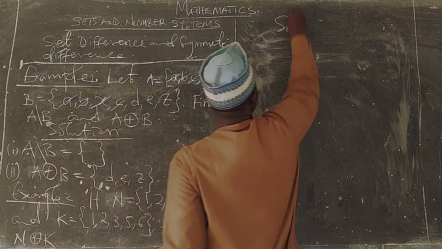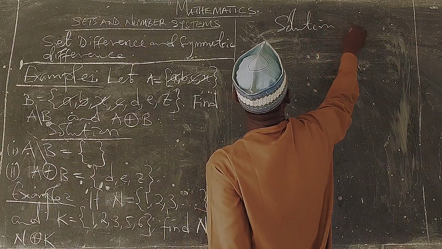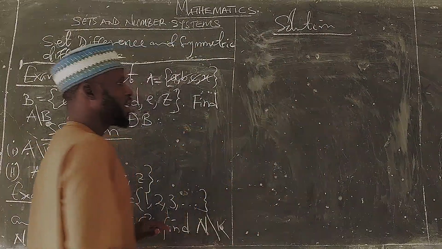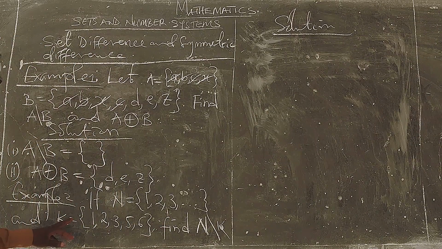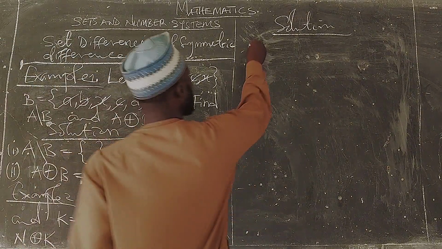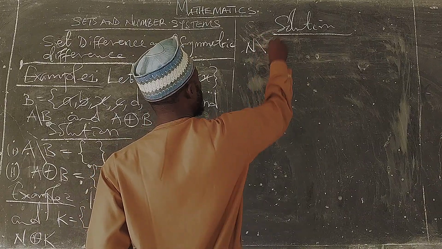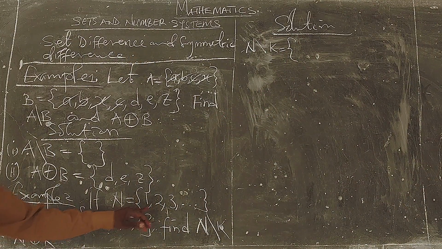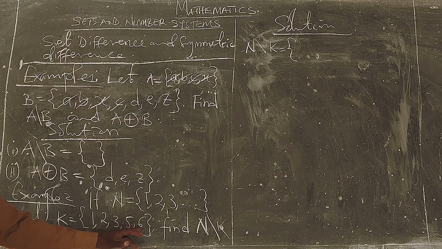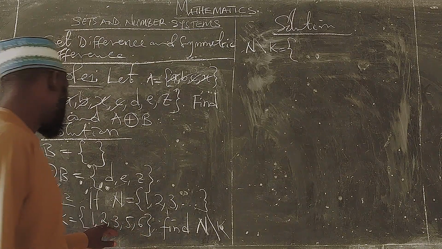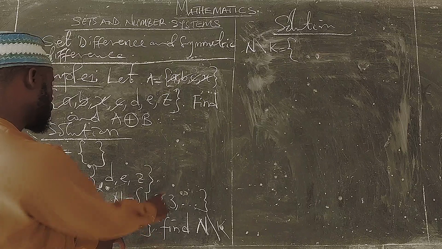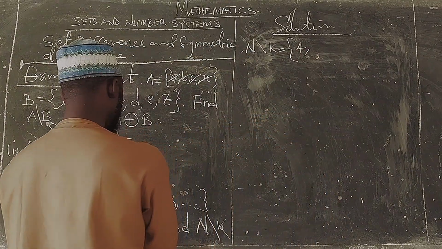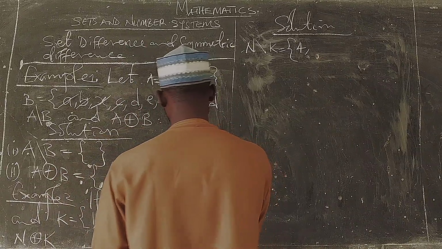Solution. Now the relative difference of N and K will be N set minus K. So all the elements of N, we remove the elements of K. So 1, 2, 3 are here, so we start from 4. 5 is here, we will not include it. 6 is here, we will not include.